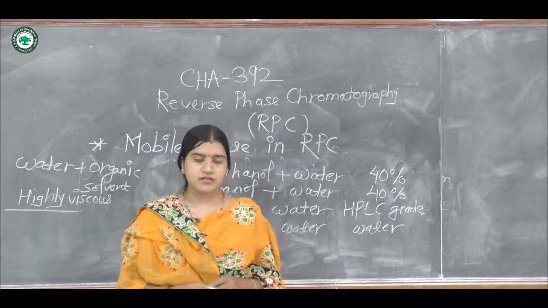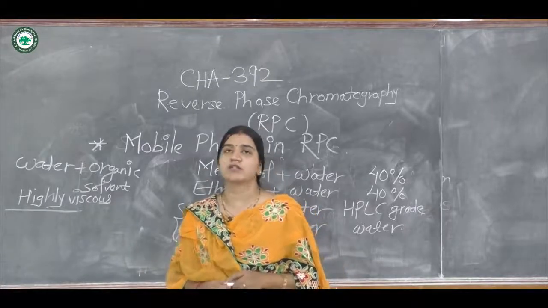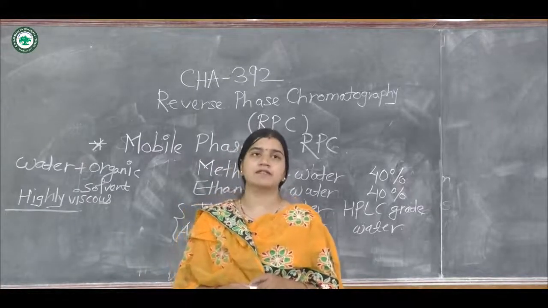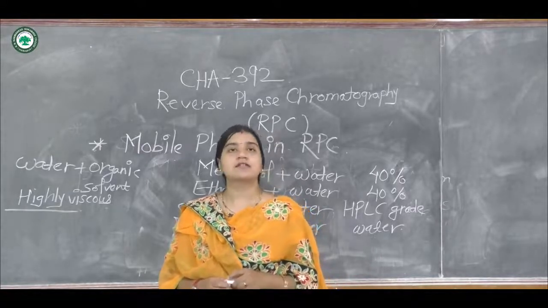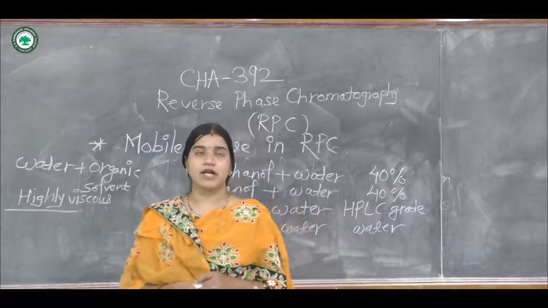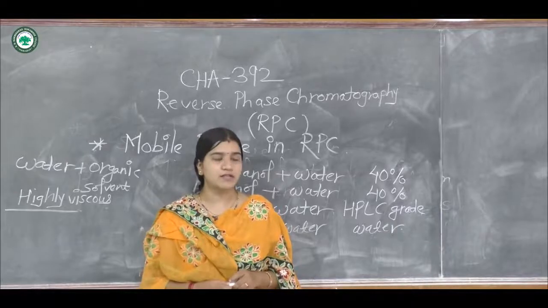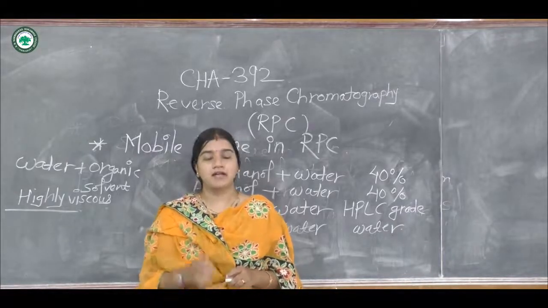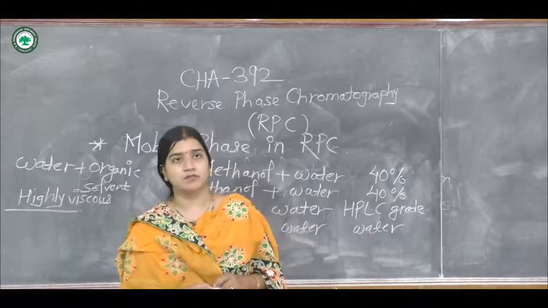In today's lecture we have discussed mainly three subtopics from RPC. The first one is the principle: whenever you are using a stationary phase that is hydrophobic and a mobile phase that is hydrophilic, you call it reverse phase chromatography, which is also known as hydrophobic chromatography.